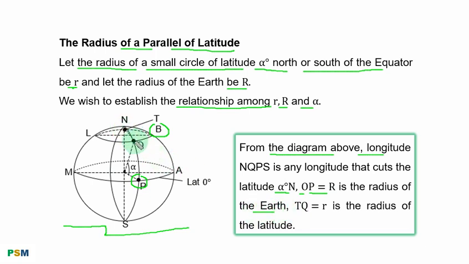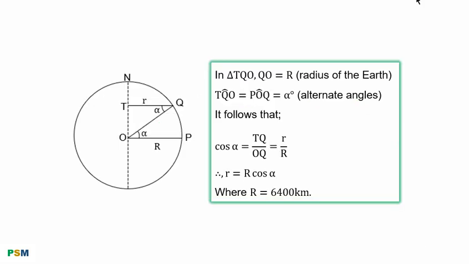TQ is the radius of a small circle, so the radius is small r, that is the radius of latitude. From the above diagram, we have this other diagram. This is capital R, the radius of the earth, and the radius of the small circle. This is the angular displacement between P and Q. It is also equal to this angle, alternate angles.